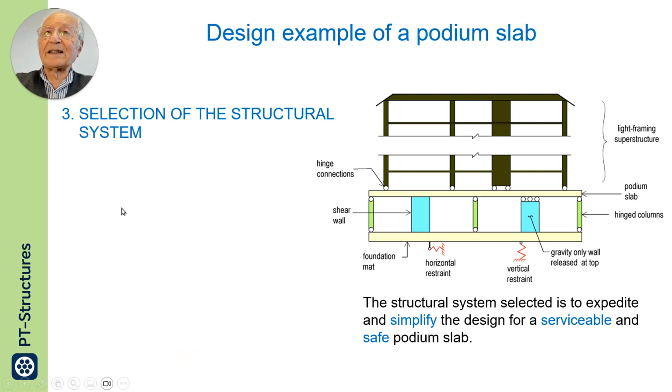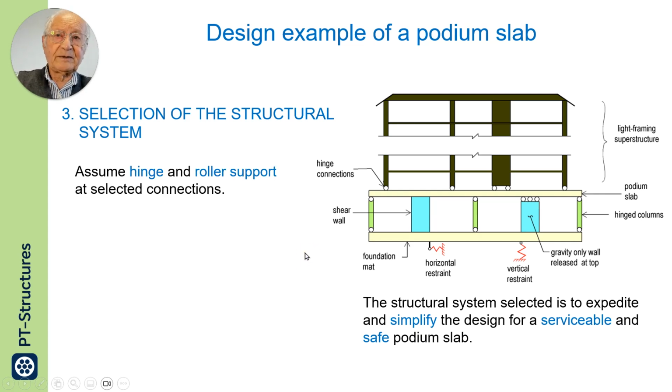Next, we come to the selection of the structural system. This is the podium. Before designing it, I have to select the boundary conditions and decide how the load is going to be carried. I have assumed hinge and roller support at selected connections. The columns from the top, I have assumed hinge.